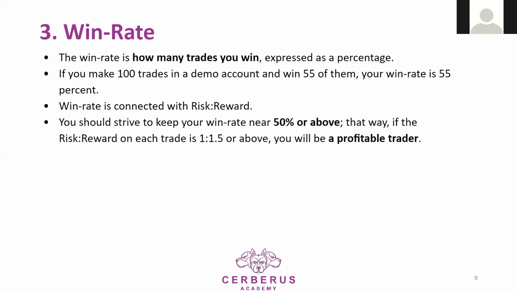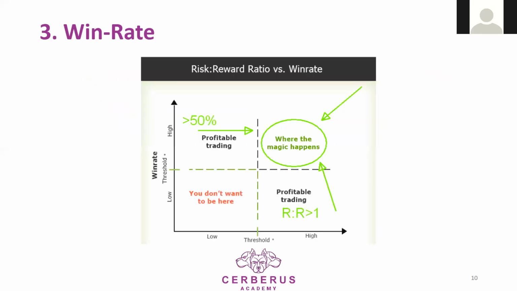We always try to stay above the 50%. If we are above the 50% with a risk reward, let's say between 1.5 or 2 or above, we will be a profitable trader. Okay, this is what you see.